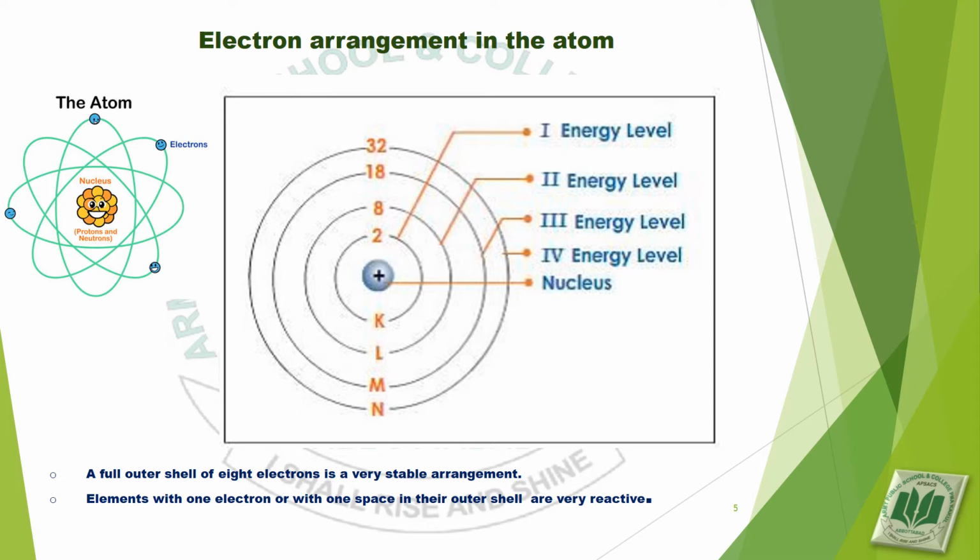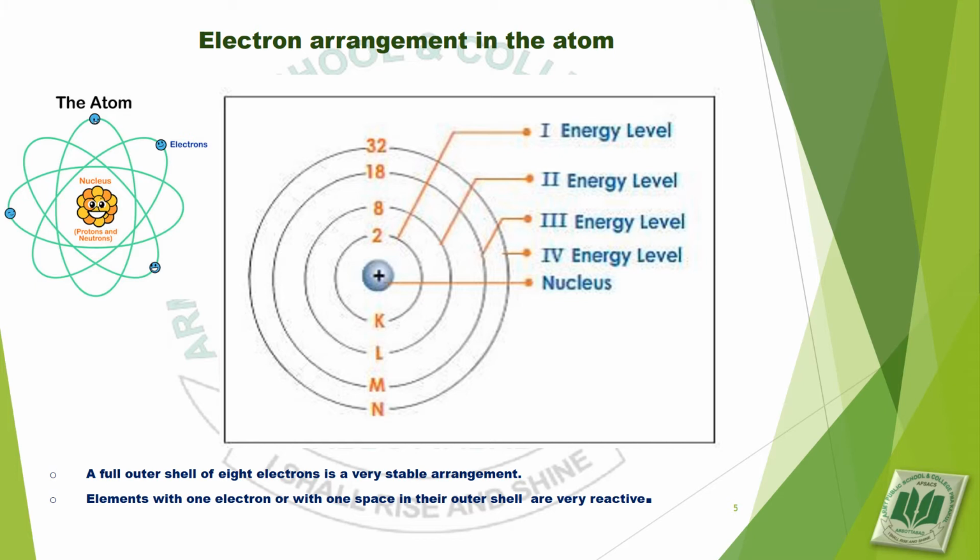Similarly, the third energy level is known as the M shell, and it can hold a maximum of 18 electrons, but it builds up to 8. And the next one is the N shell, which can also hold a maximum of 18 electrons.